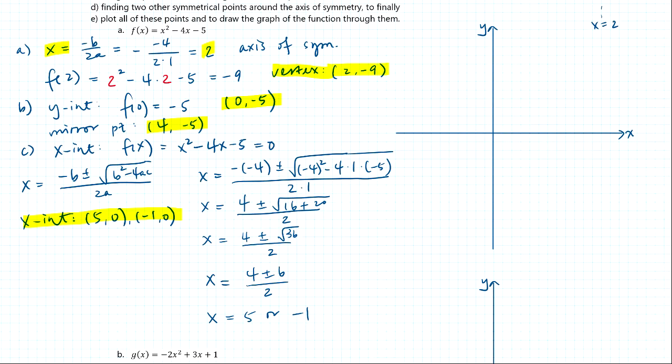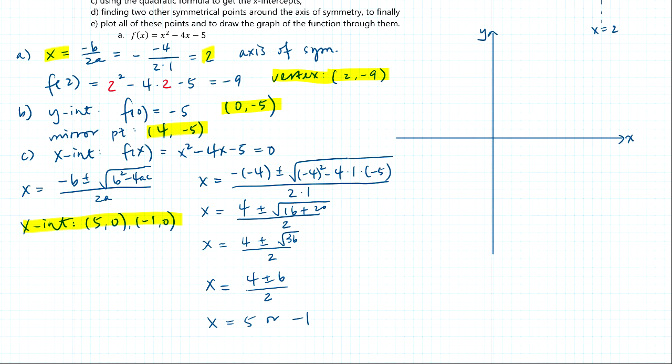And now in order to find the next point, you have a bit more freedom in terms of what points you want to work with. You can pick any x value that you would rather work with overall. So for example, I'm going to just let x be equal to 1 and see what happens.